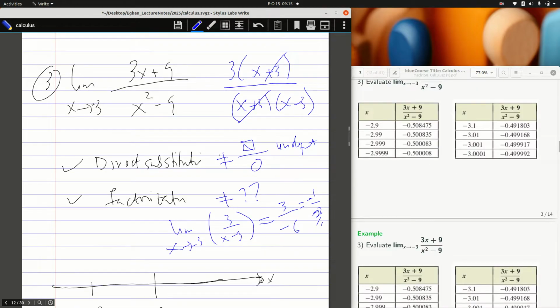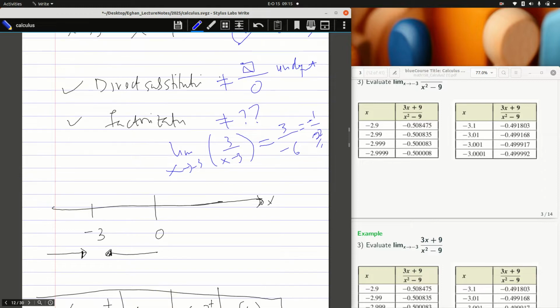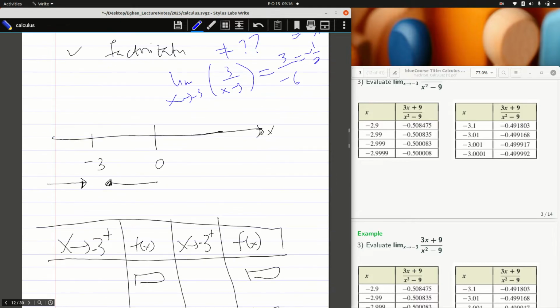If I want to use the numerical approach as our focus, we have to find values approaching negative 3 from the right side and from the left side. From the right side of negative 3, what do I choose?